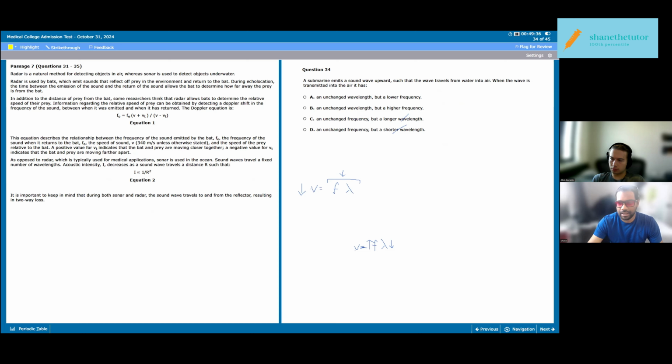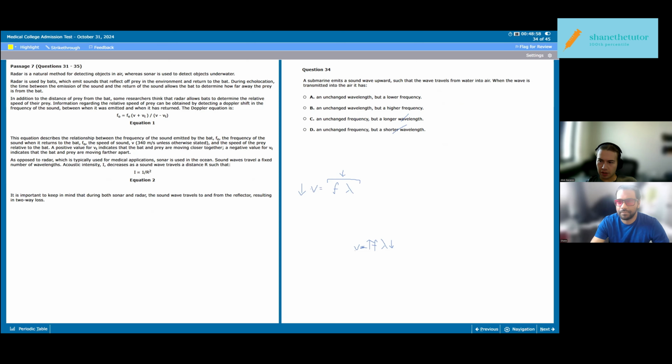This is for light, so that's why it's going slower in that denser medium. For sound, it would be the opposite, but the same principle applies, which means that when entering into a new medium, the velocity of the wave changes and the wavelength of the wave changes, but not the frequency.